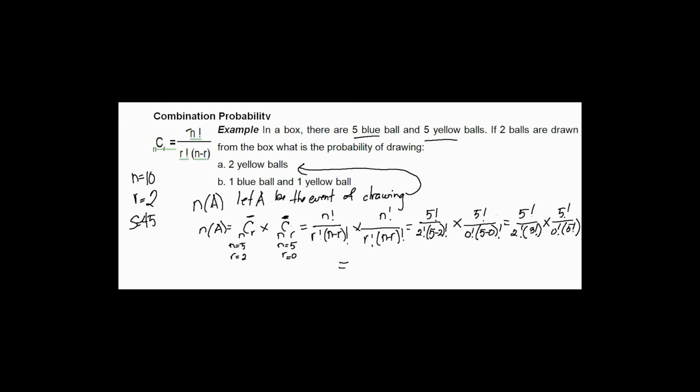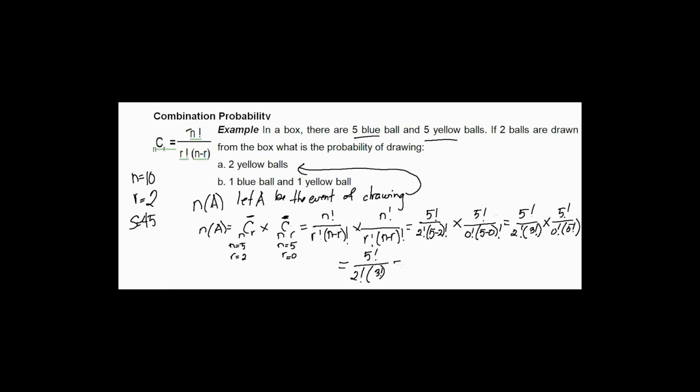Since any number divided by itself is 1, the second factor is 1. So we have 5 factorial divided by 2 factorial times 3 factorial.